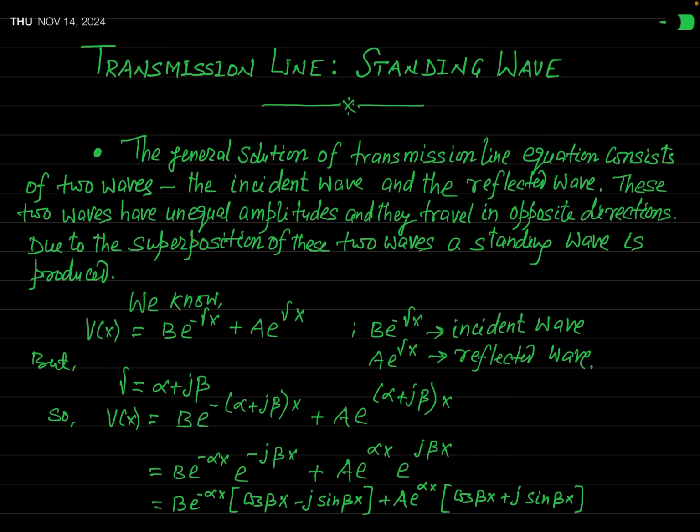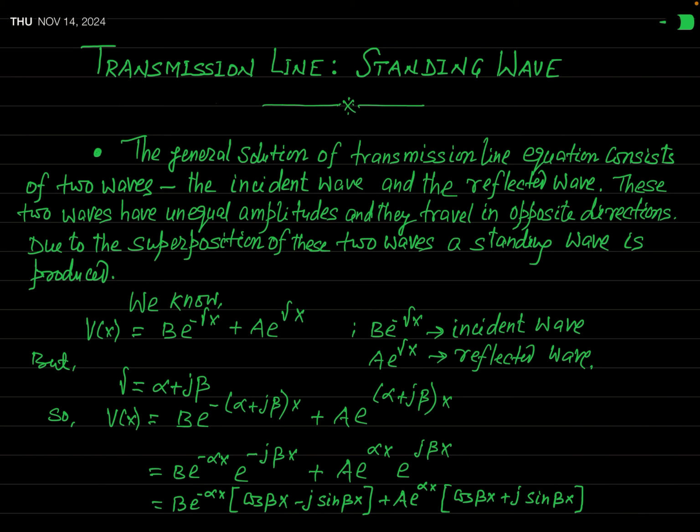Both situations are possible. When the two superposing waves have equal amplitude, equal meaning equal in magnitude, then a pure standing wave is produced. But if the amplitudes of the superposing waves are not equal in magnitude, even then a standing wave is produced, but that is not called a pure standing wave.